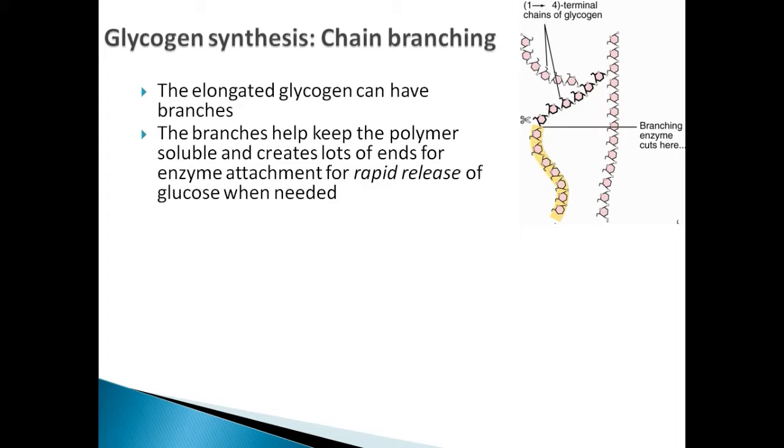The polymer, that granule, is highly branched, and this is because it has to remain soluble. So even though we want a granule with a lot of glucose residues, which can become something with quite a high molecular weight, we still need it to be soluble inside the cell. And the high amount of chain ends is required, as we'll see a little bit later in the degradation.